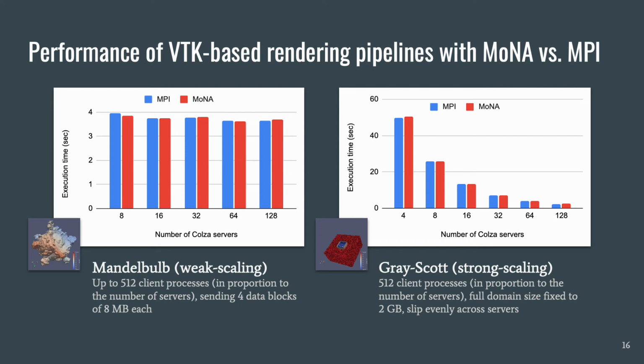What we can see here is that although there is a difference in performance between MPI and Mona, as we saw in previous slides, when considering a full pipeline, which is more computation intensive, then it does not really matter anymore that we use a slightly slower communication layer, and the rendering time is about the same.